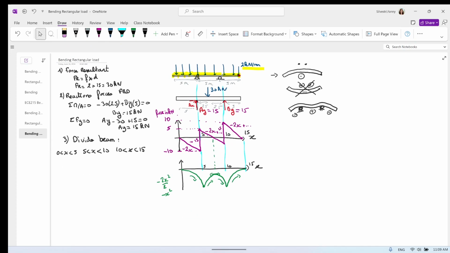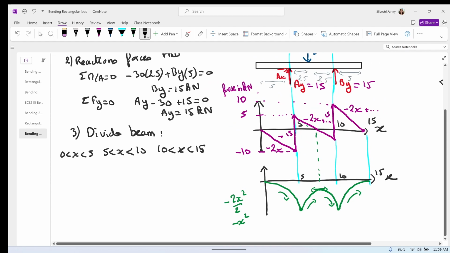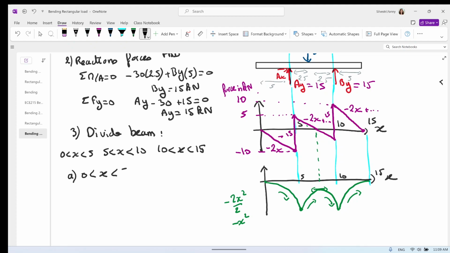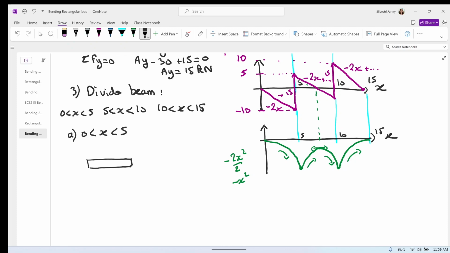Now, let's see if we get some equations that make sense with that. I need this from 0 to x, so 0 to 5. What we need to do is redo a free body diagram for all of those different steps. So we have the distributed load on the top. Don't use the reaction force, we need to find the new reaction force.